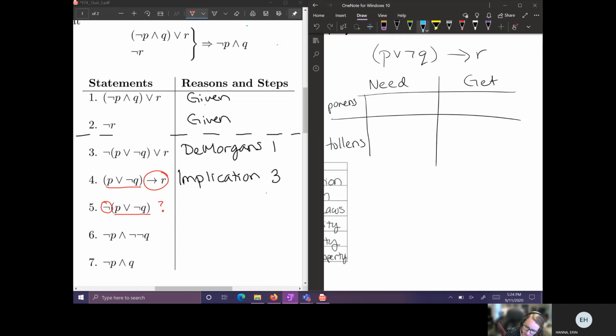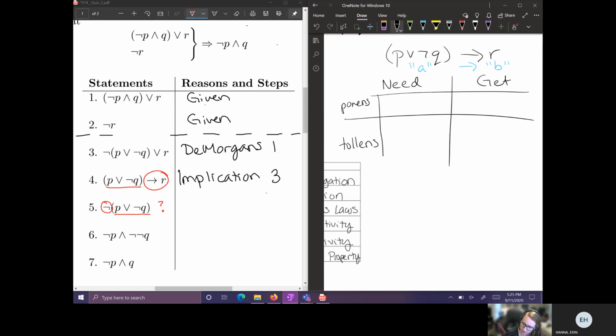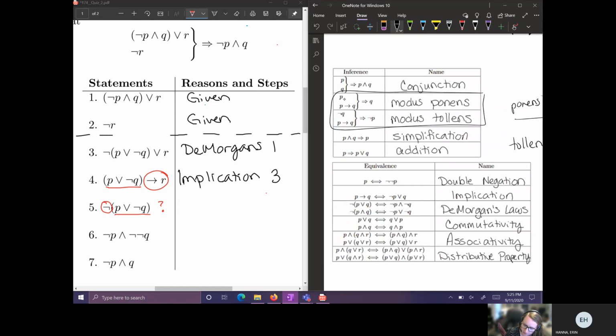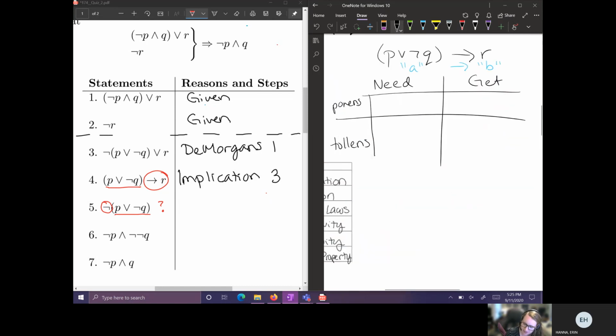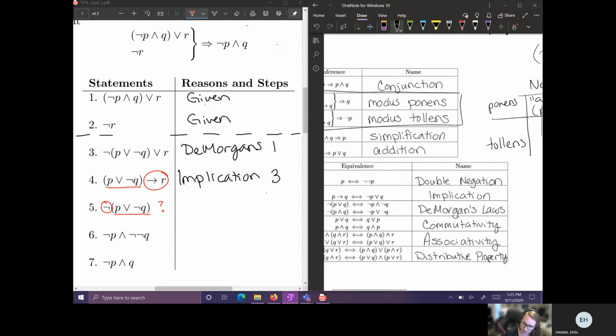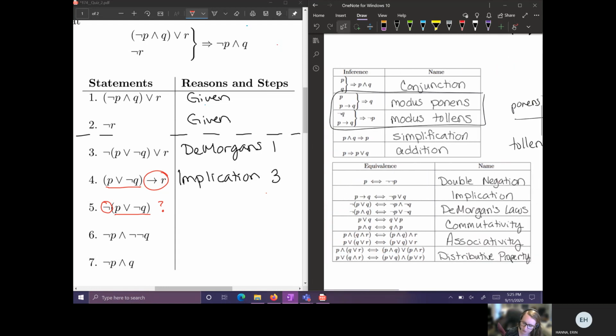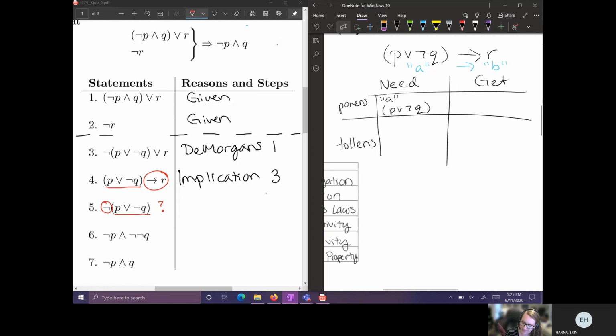Let's view this as some A implies B. In ponens, we need A, the hypothesis. So we would need P or not Q. And what we get is the conclusion, B, so we would get R out of it.